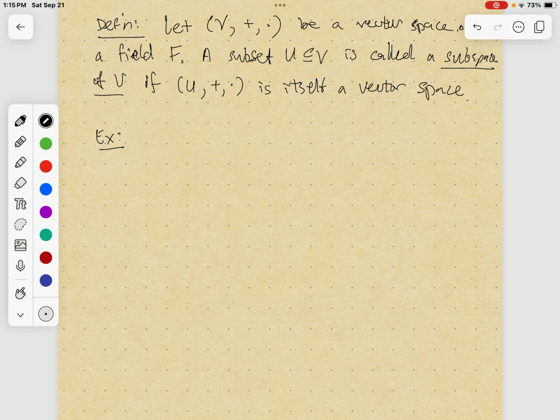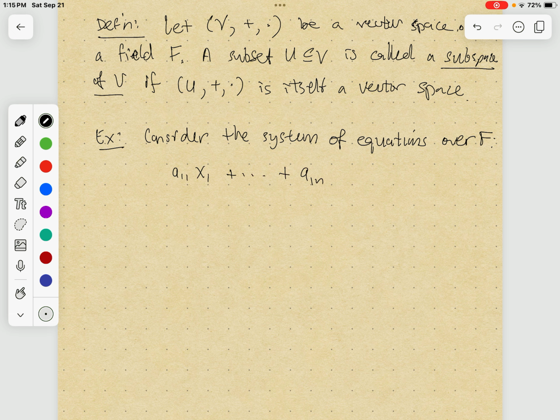So we have our field F, and consider just the general system of linear equations over F, which is a11x1 plus dot dot dot plus a1nxn equals 0, and so on down to am1x1 plus dot dot dot plus amnxn equals 0.